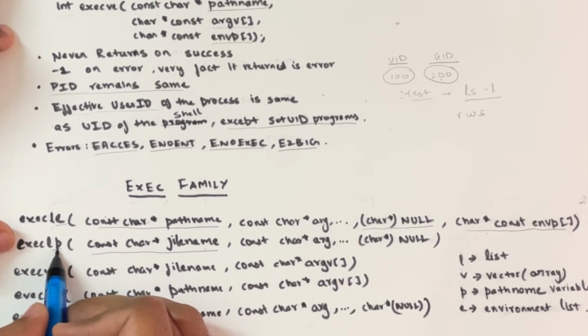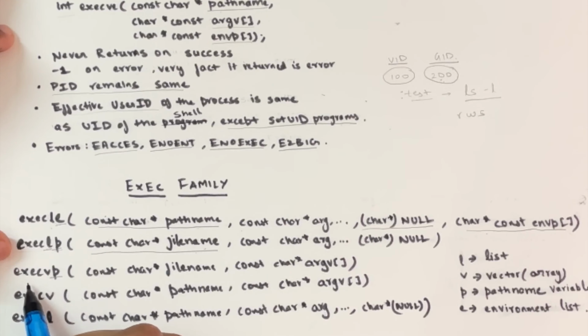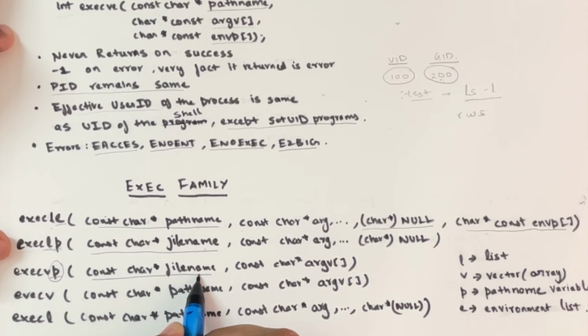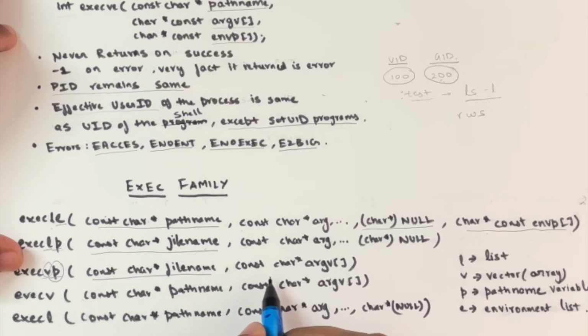Execlp provides the path name searching, so file name is sufficient. With execvp, just file name would work because by virtue of P, this file name would be searched in the path name variable. We have to provide the arguments inside a vector.